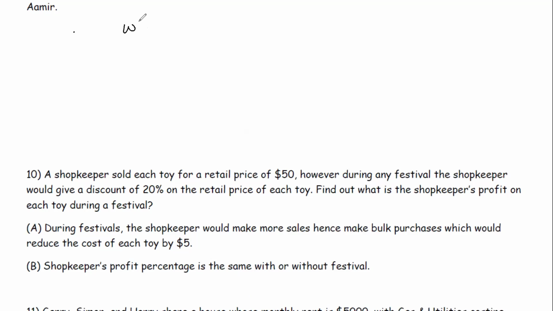So without festival and with festival. What is the selling price without festival? $50. And what is the selling price with festival, which is with the discount? It is $40. Why $40? Because there is a 20% discount. 10% is 5, 20% is 10. So 10 subtracted from 50, that's his selling price.